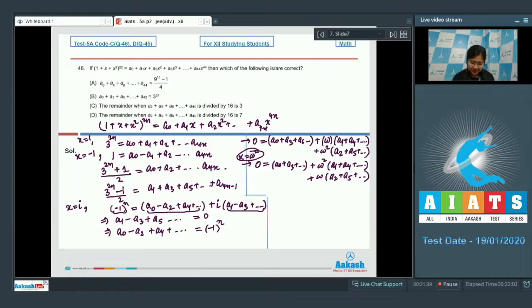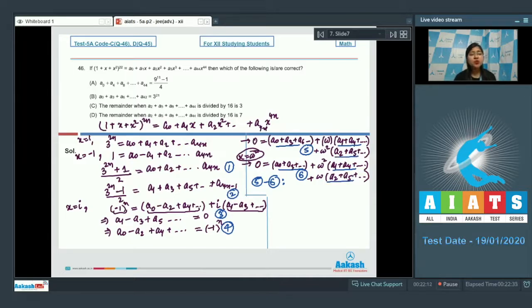Now, let us say this is equation number 1, this is equation number 2, this is 3, this is 4, this is equation 5 and this is equation 6. So let's firstly subtract 6 from 5. If we subtract these two, the first bracket will get cancelled and next we will get omega minus omega square, taking this thing common, plus omega square minus omega into this thing.